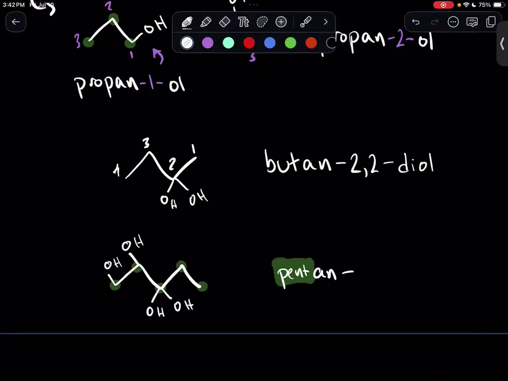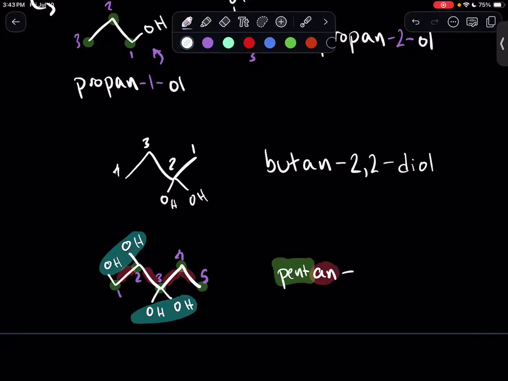Use highlighting to figure out everything else. I have 2, 3, 4 alcohols on carbons 1, 2, and 3.